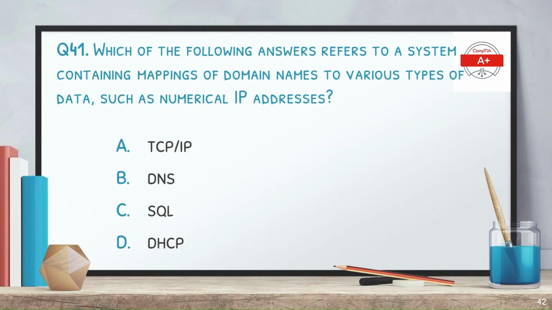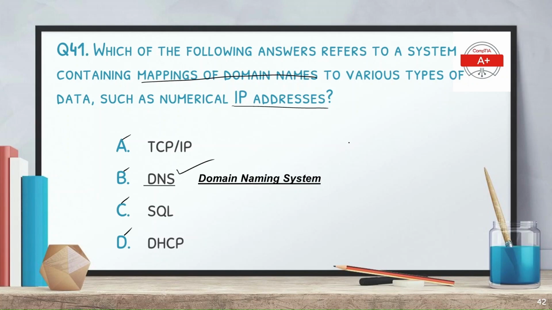Question number 41: which of the following answers refers to a system containing mapping of domain names to various types of data such as numerical IP addresses? The options are A, TCP/IP, B, DNS, C, SQL, and D, DHCP. The correct option is DNS, Domain Name System.